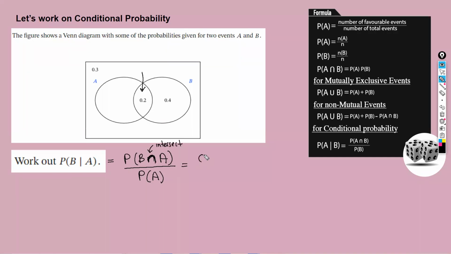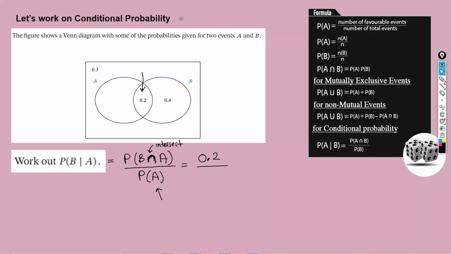So straight out of the diagram, you know the top part is 0.2. But what's the probability of A happening? That seems to be missing. You're going to have to look at all the values and try to calculate P(A).